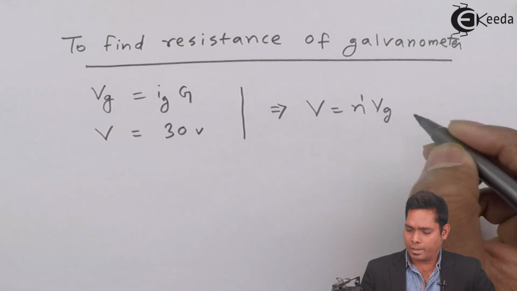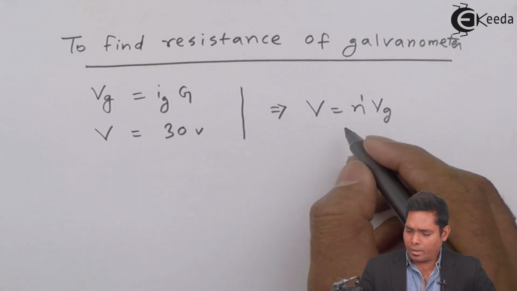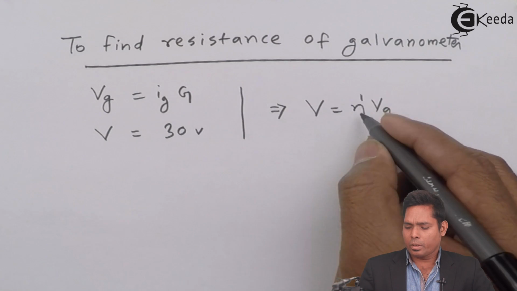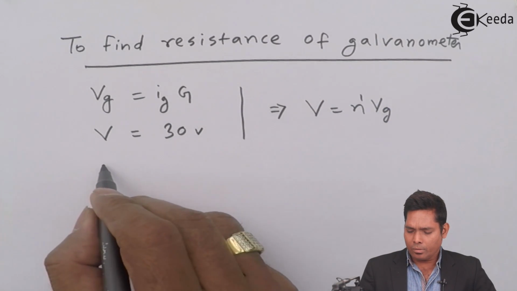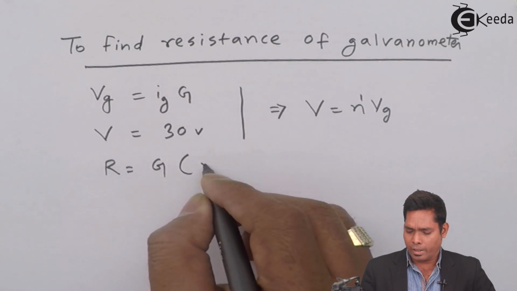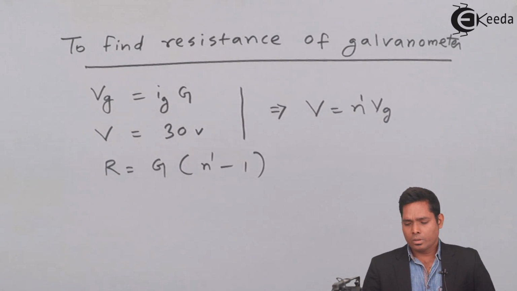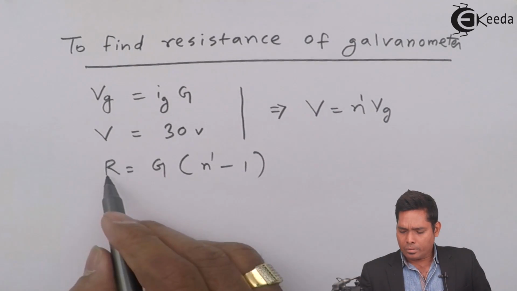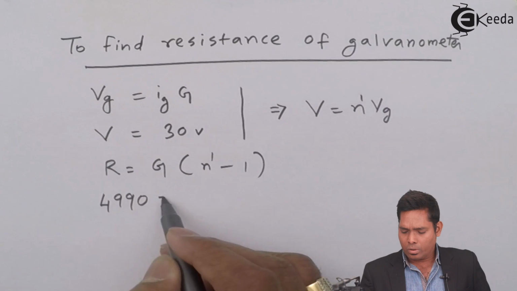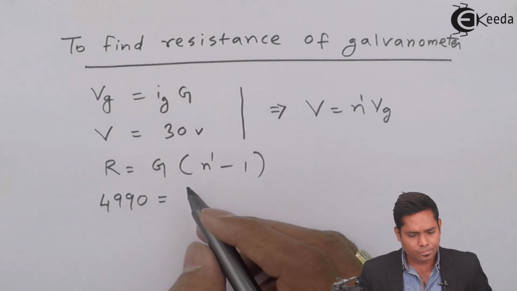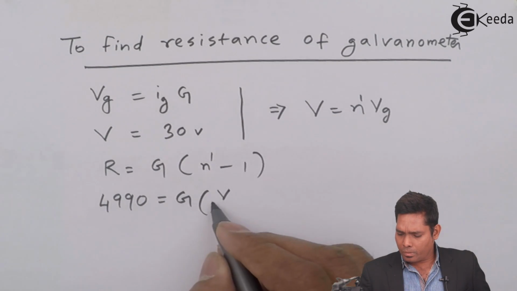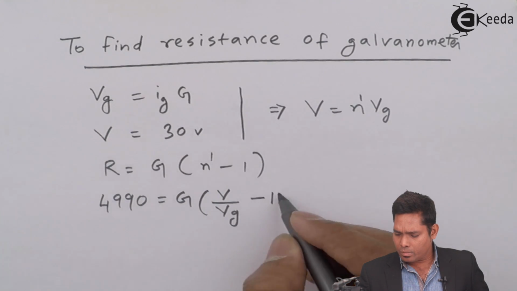And we know that the resistance that is used is R equals G into (N dash minus 1). This R is given as 4990. The galvanometer resistance G is not given, that you have to find. N dash is V upon Vg minus 1.